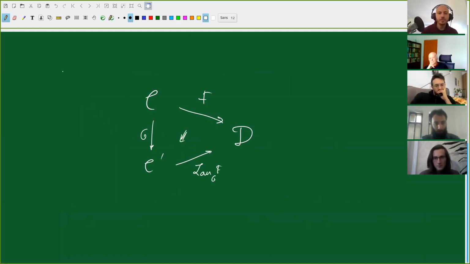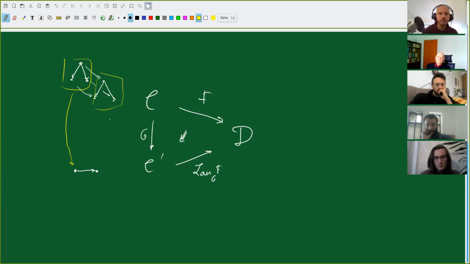So for example, suppose that C is a category that looks like this. Let's say G is a category that just looks like this. And the functor G just maps this subdiagram to this point and this subdiagram to this other point.